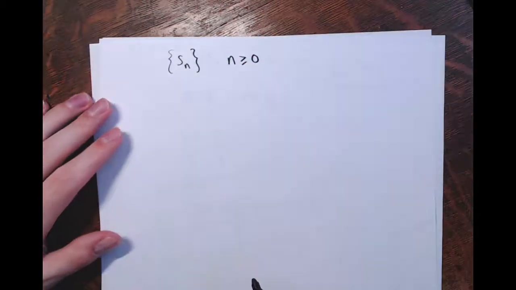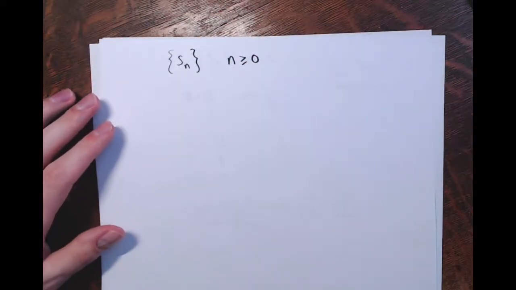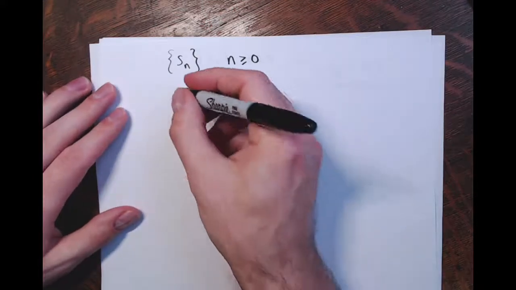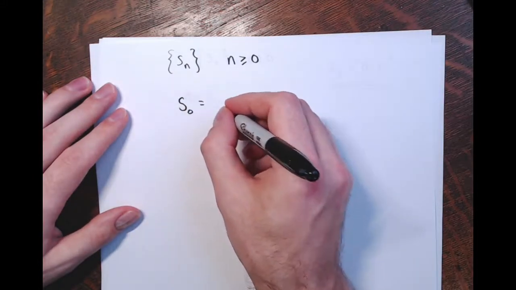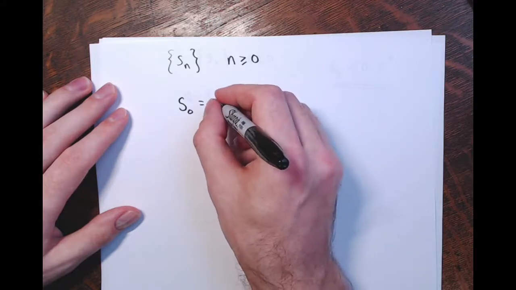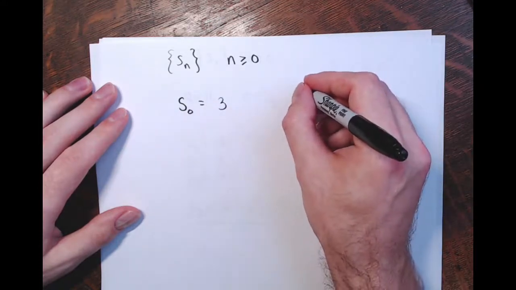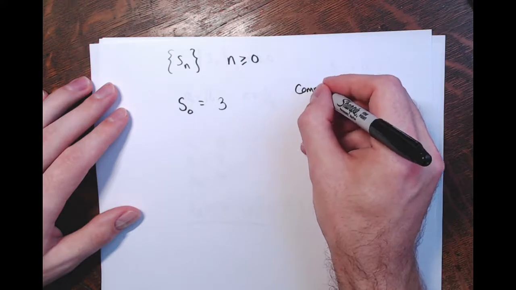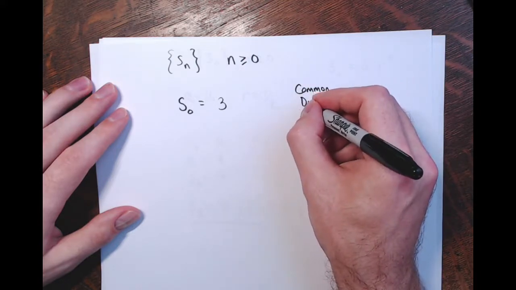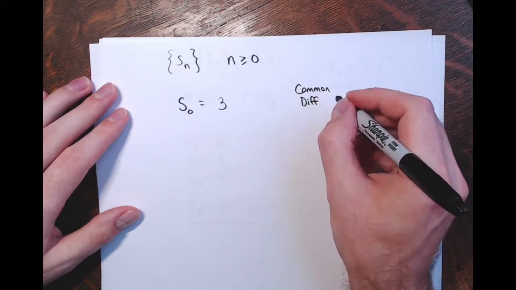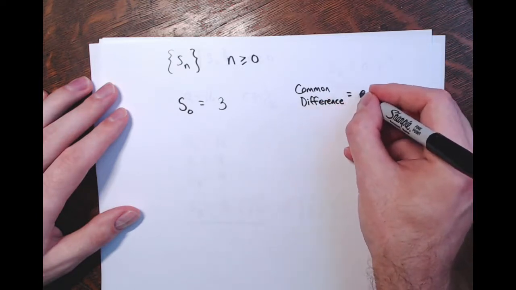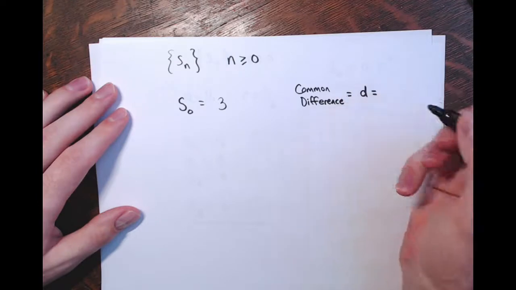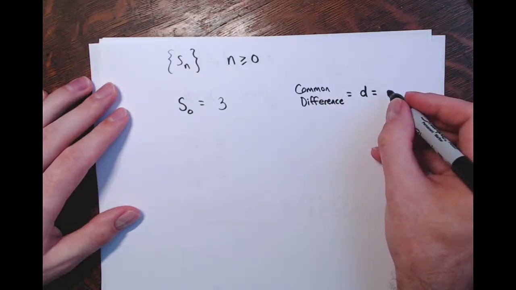So n being an integer greater than or equal to 0. They told us the initial term, S sub 0, is 3. And that common difference, the number that you just keep adding to get from one term to the next, that is represented by lowercase d for difference, said that was -2.